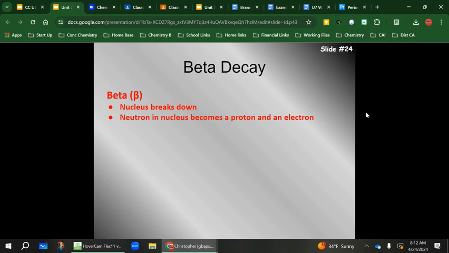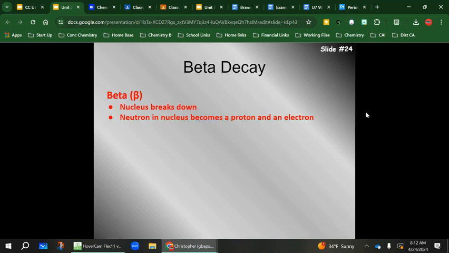What is it? Nope. The charge is neutral. It doesn't have one. So when it breaks apart into a proton, which has what kind of charge? Positive. And an electron, which has what kind of charge? Negative.